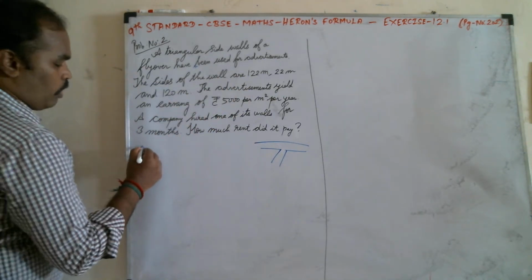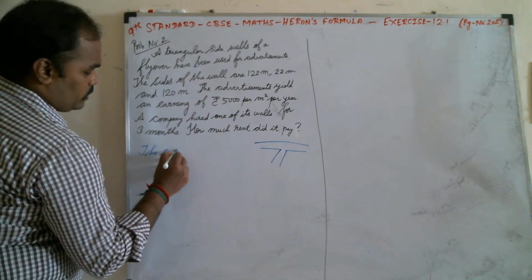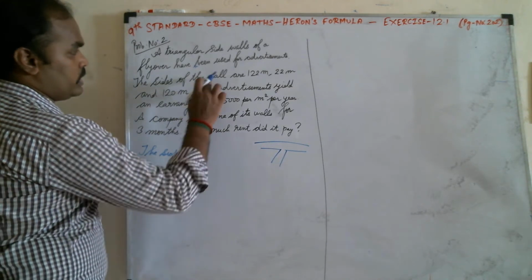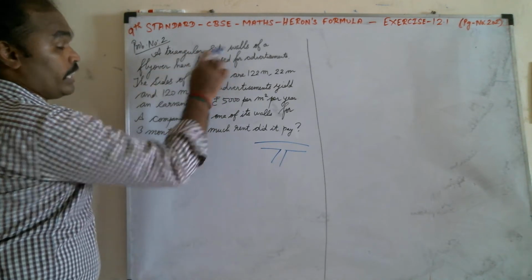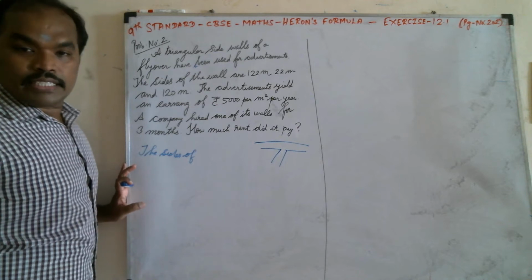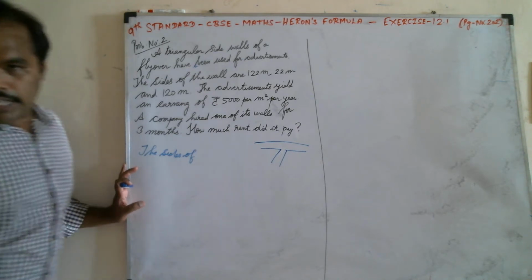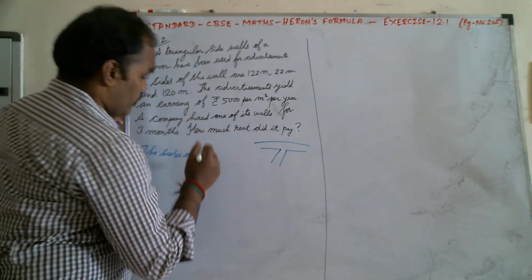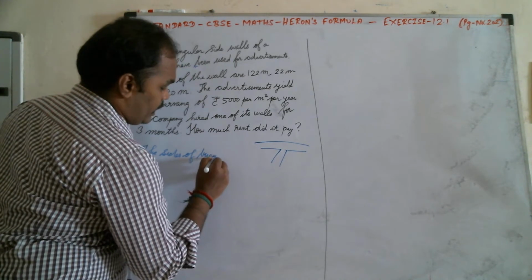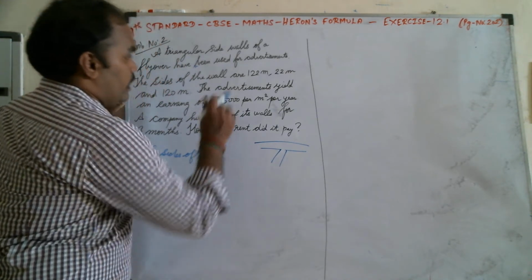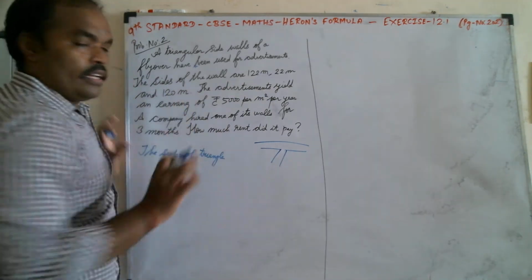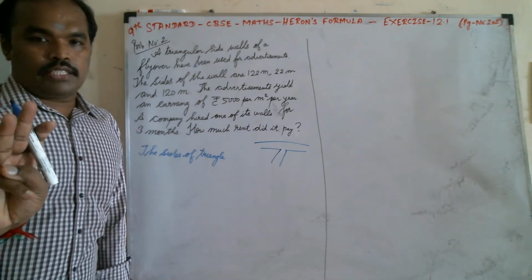The sides of the wall, which wall? Triangular side wall. The wall is represented with a triangular side wall. So the sides of the triangle: 1, 2, 3. A triangle has 3 sides.